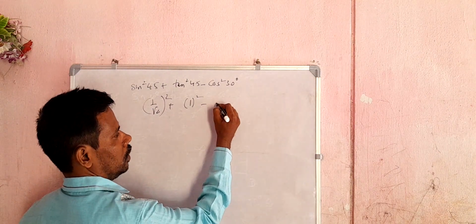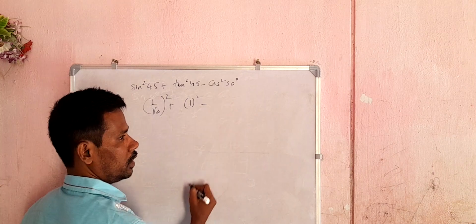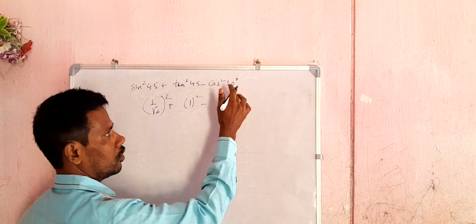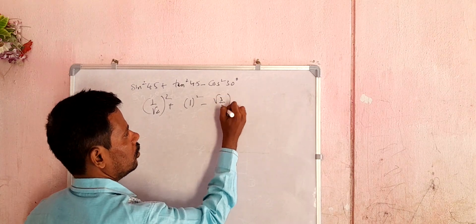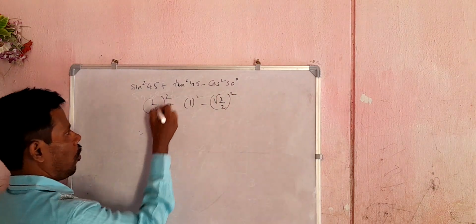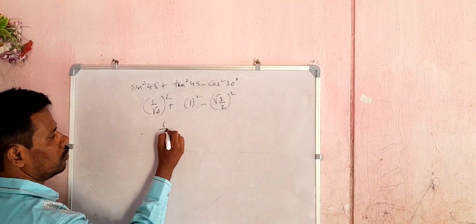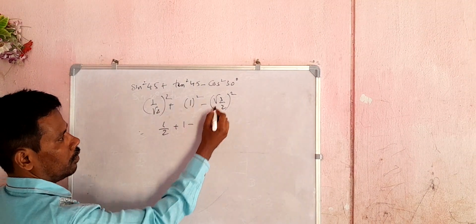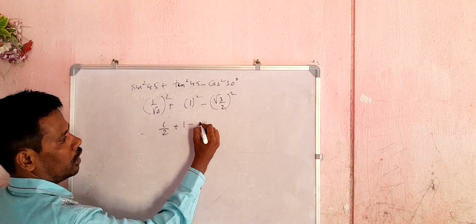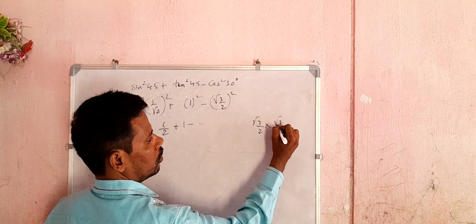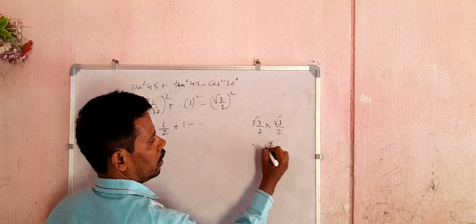Because sin 60 is root 3 by 2. I told you, no, you have to just reverse it. So cos 30 is nothing but root 3 by 2, whole square. What will you get here? 1 by root 2 whole square is nothing but 1 by 2, plus 1, minus root 3 by 2 whole square, which is nothing but root 3 by 2 into root 3 by 2, root 9 by 4.